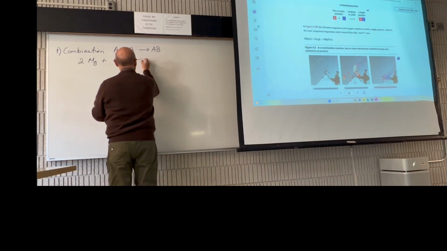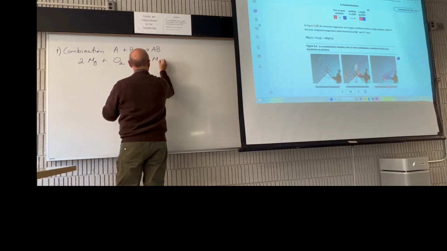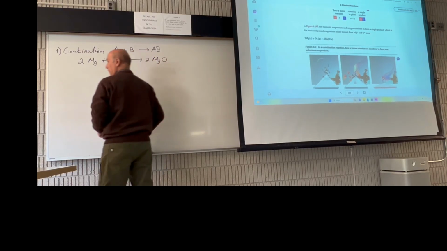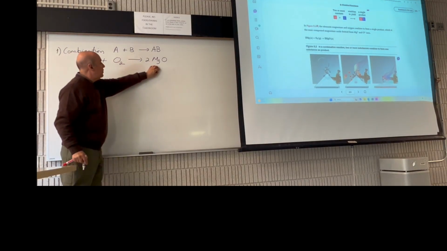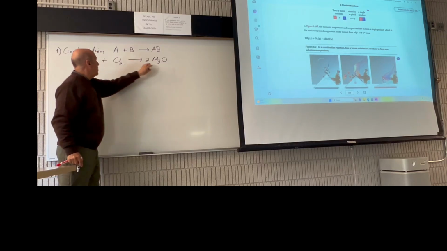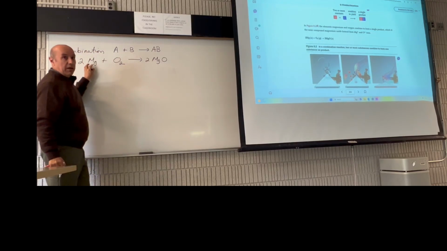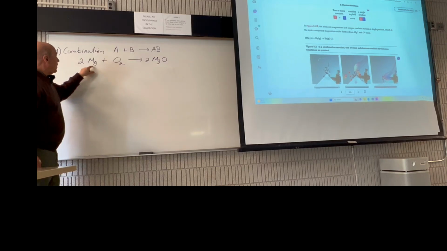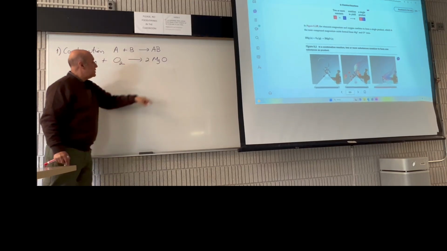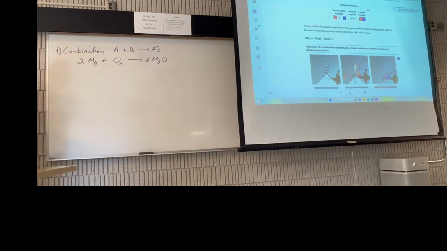And last week I emphasized that we are not creating or destroying matter, we're transforming it. We're combining these two to form a new chemical, but it's a new chemical coming from all chemicals that are already there.